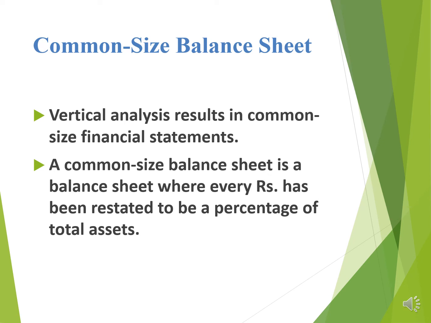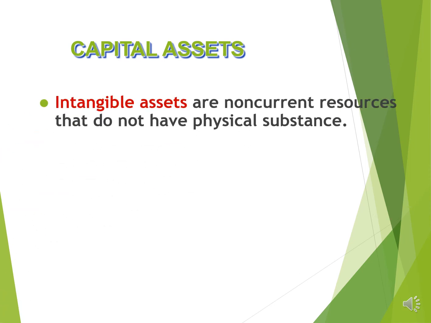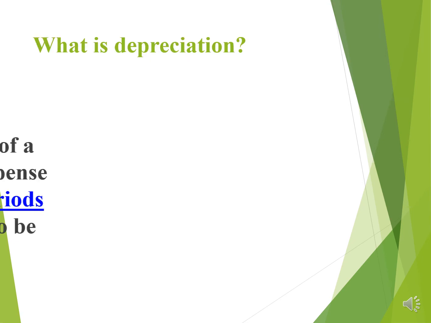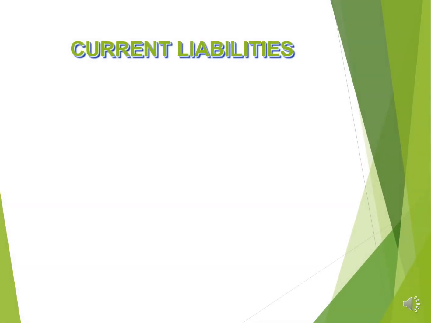A common size balance sheet is a balance sheet where every rupee has been related to the percentage of total assets. Then intangible assets like goodwill, patent, copyright, etc. What is depreciation? It's a decrease in the value of permanent assets. This is a fixed asset. It's called depreciation. This is a very, very important concept.